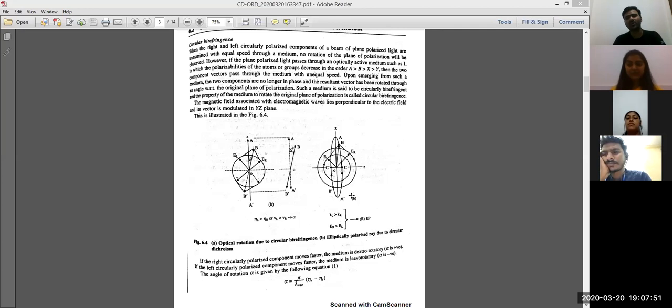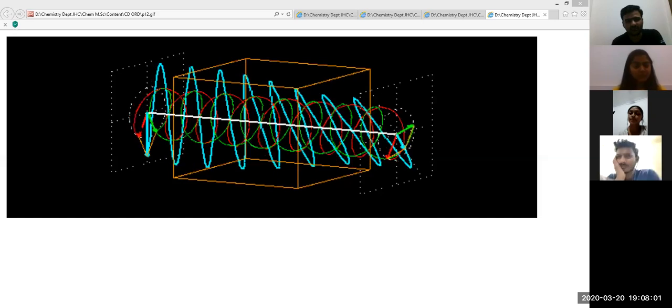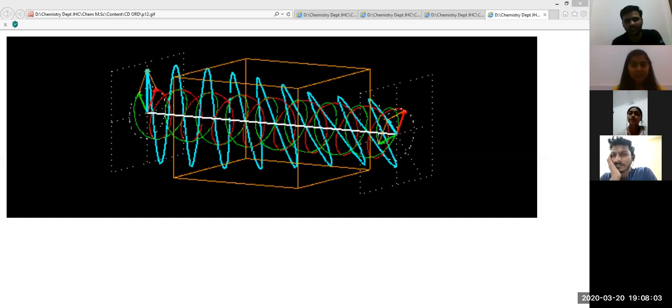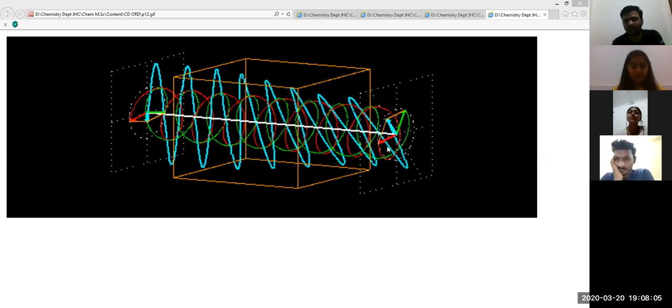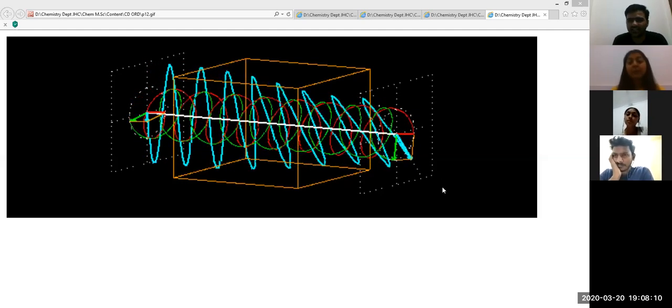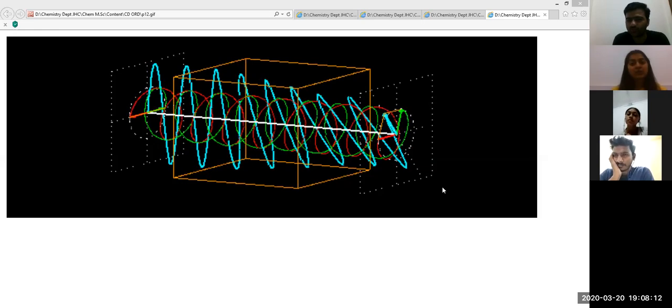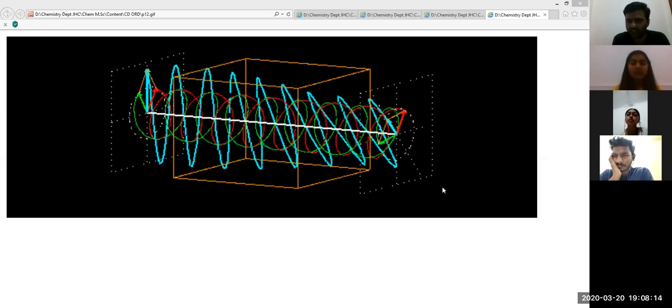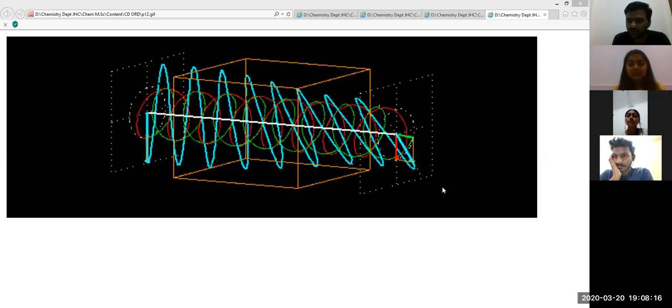Now the light is no longer plane polarized, it's actually elliptically polarized. What this tells you is that in this particular figure, where you see a plane polarized light moving into the chiral environment and a plane polarized light coming out, it is not the true picture of what happens, but it's a good approximation. Why is it a good approximation?